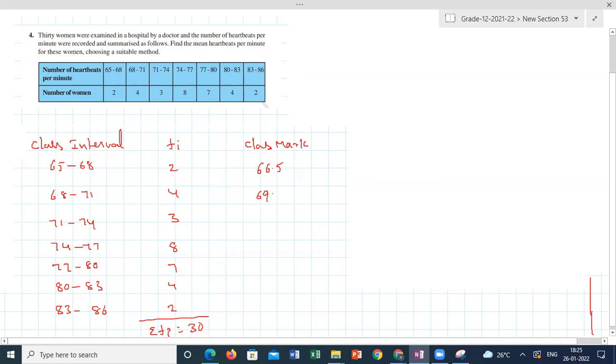It is increasing by 3. 69.5, 72.5, 75.5, 78.5, 81.5, 84.5. Correct, students?